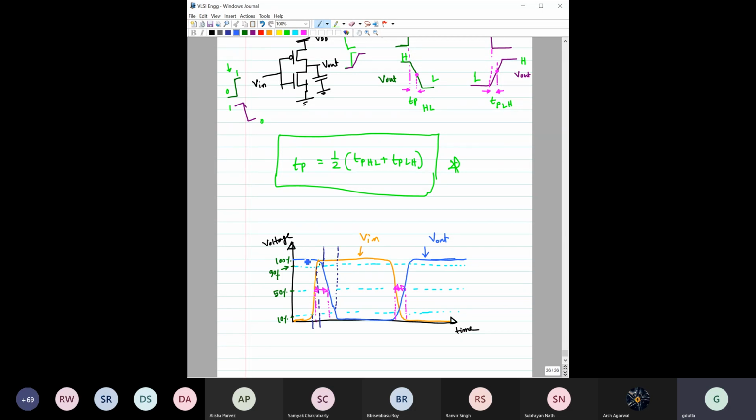You can see when this is 0, this is 1, and when this is 1, this output is 0. When it is doing the transition, the output takes some time to follow the change in the input. So clearly, how do we define the propagation delay? We have seen there are two types, TPHL and TPLH.